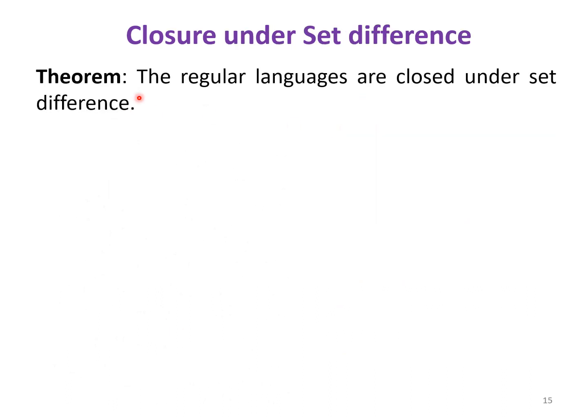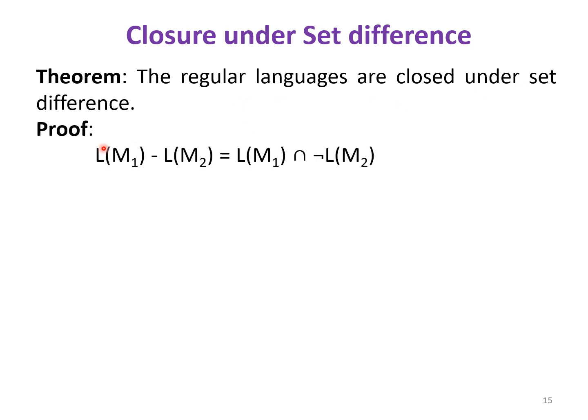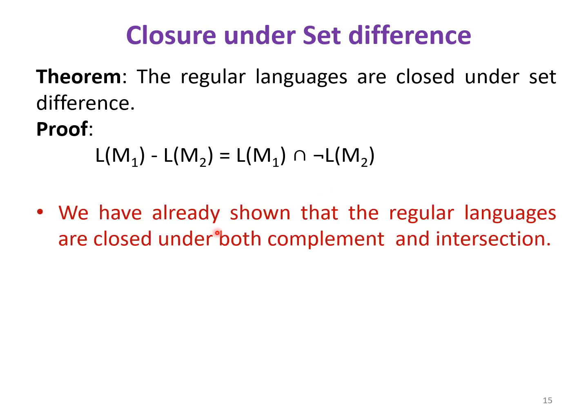Next theorem is the regular languages are closed under set difference. L of M1 minus L of M2 is equal to L of M1 intersection complement of L of M2. We have already shown that the regular languages are closed under both complement and intersection.